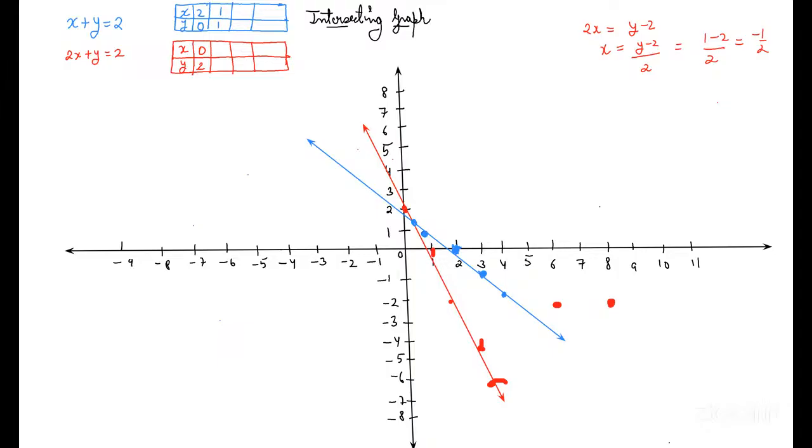It means that this point will be the answer of this equation also, and this point will be the answer of this equation also. Understood? Yes or no? And I guess it's going to be 1.5 comma 0.5, sorry, 0.5 comma 1.5.